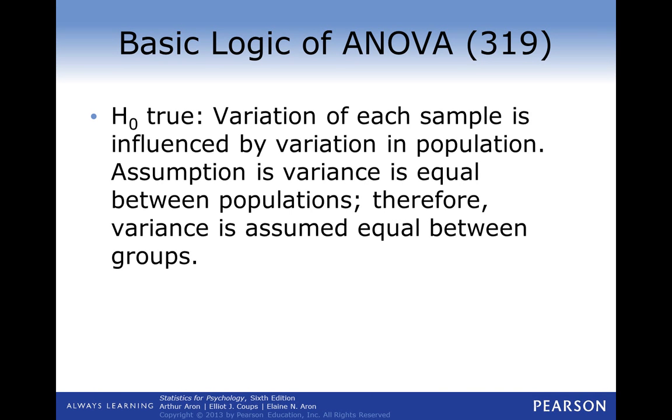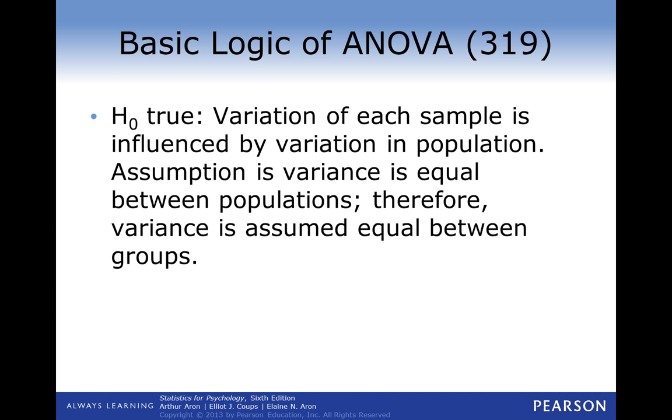In the last video, I stated that the within group variance is not influenced by whether the null hypothesis is true or false. If the null hypothesis is true, any variation in the samples or the groups is influenced by any variation that you'll see in the population.